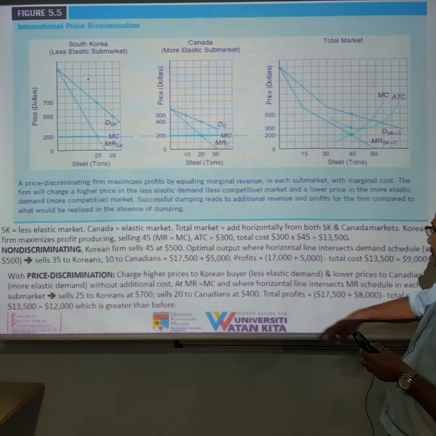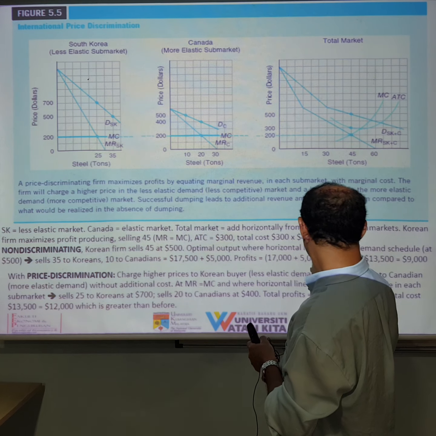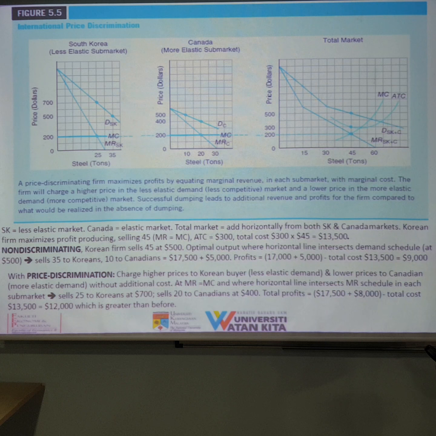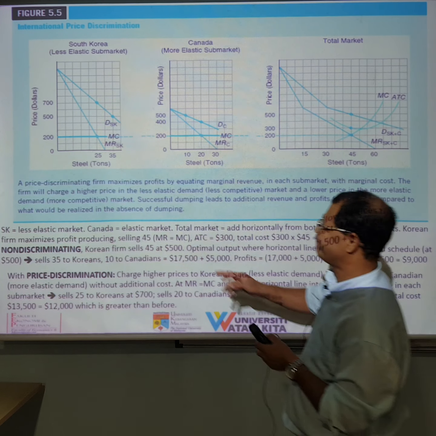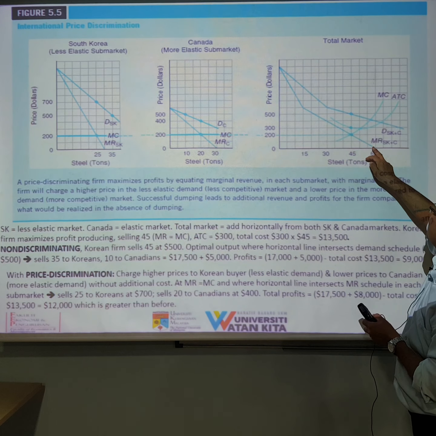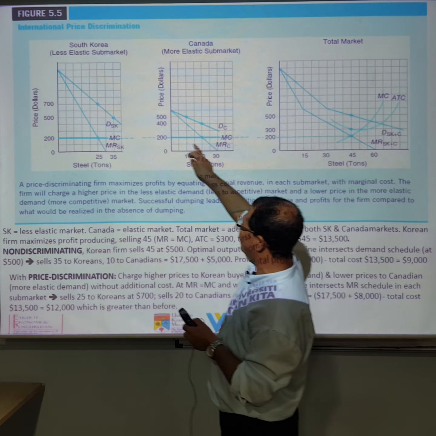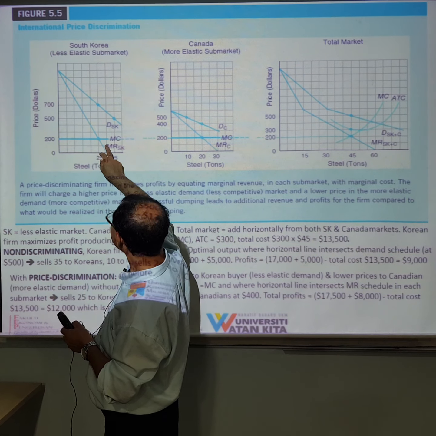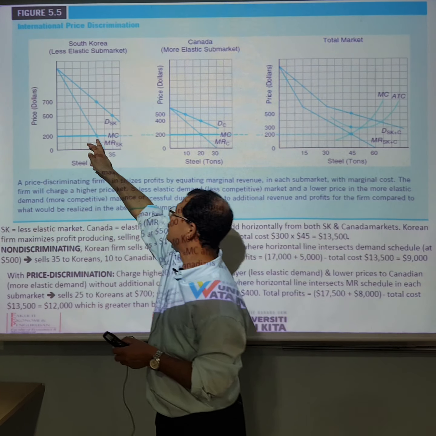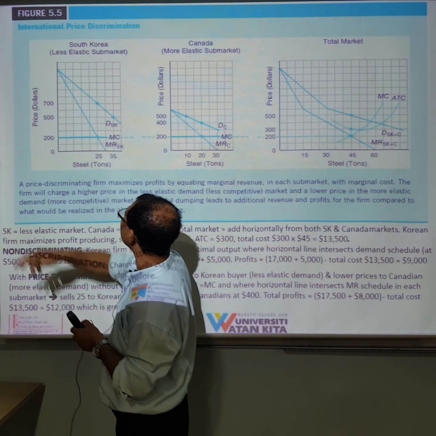This is the line where marginal cost equals marginal revenue. So the firm sells 25 in the Korean market, but at a high price of 700.